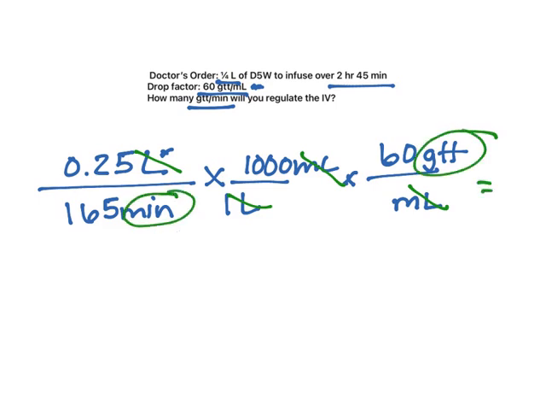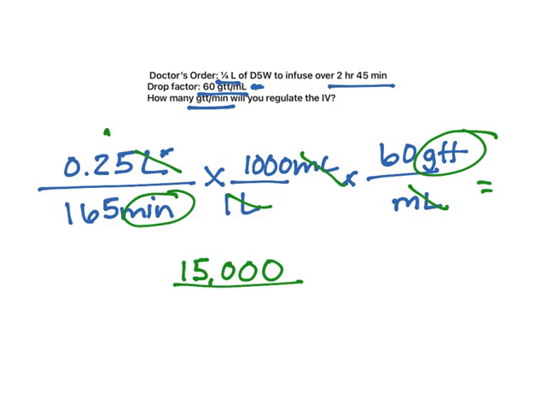So now all we have to do is multiply straight across, across the top and the bottom. So we're going to do 0.25 times 1,000 times 60 GTT, and that's going to give us 15,000.